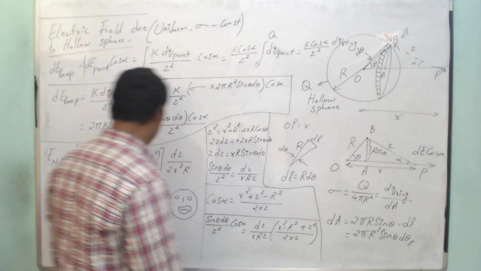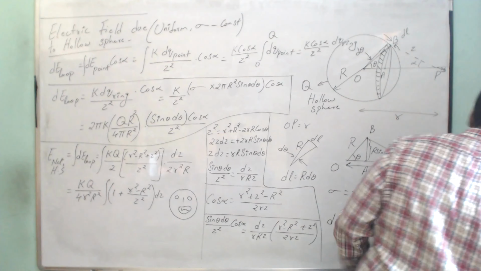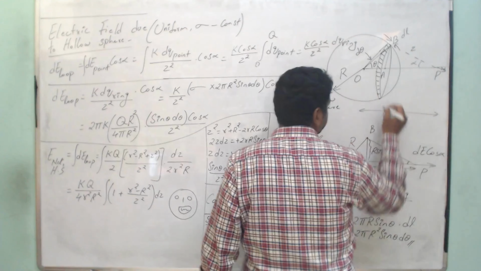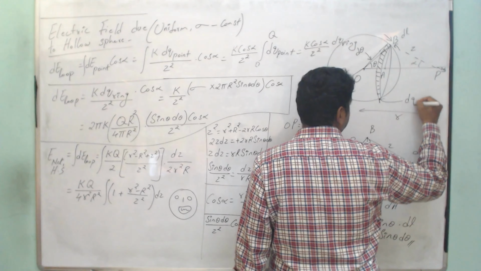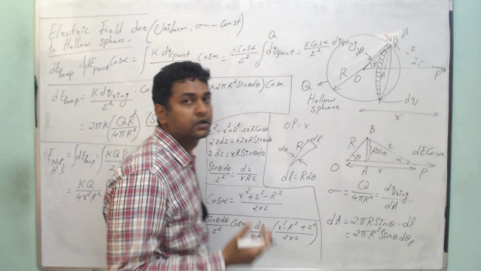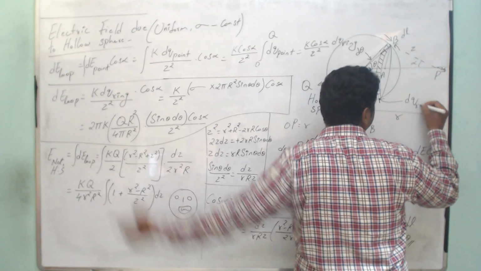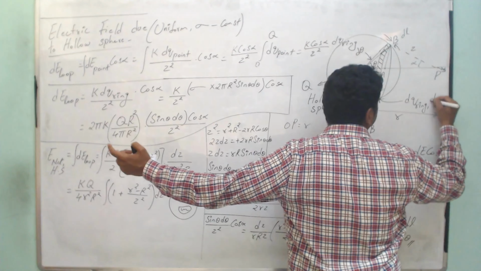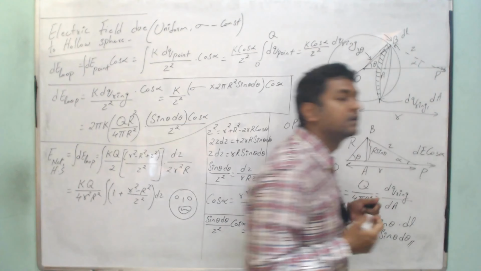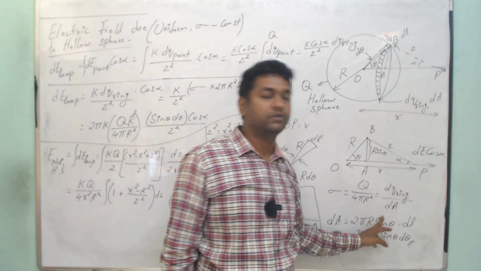So let me mention that the element loop has a charge dq ring, and the area of this element, let it have dA. So I can write sigma as dq ring by dA also.